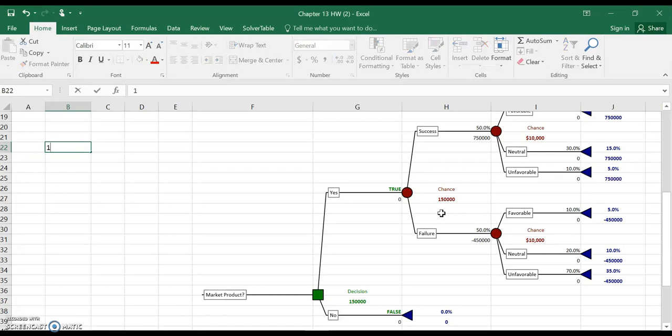So 1, okay, decision, and that is do survey. Okay, again, you get to decide whether or not to do the survey. 2, this is a chance. That's going to be survey results. 3, you're going to have another decision, and that is market this product.